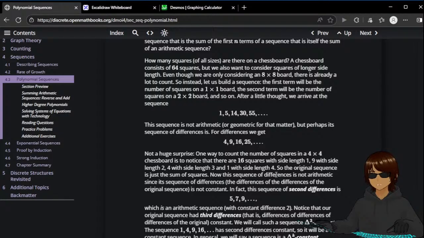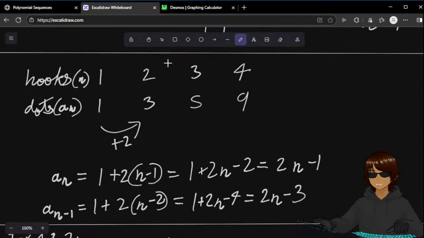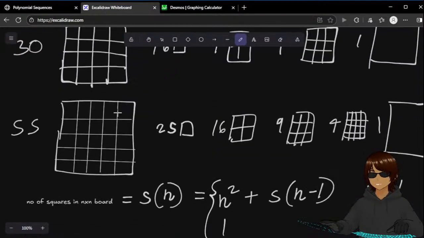Notice that this sequence of differences is not arithmetic, since its sequence of differences is not constant. Wait, going back to the top. For a 5 by 5 board, there are 9 4 by 4 boards, right?